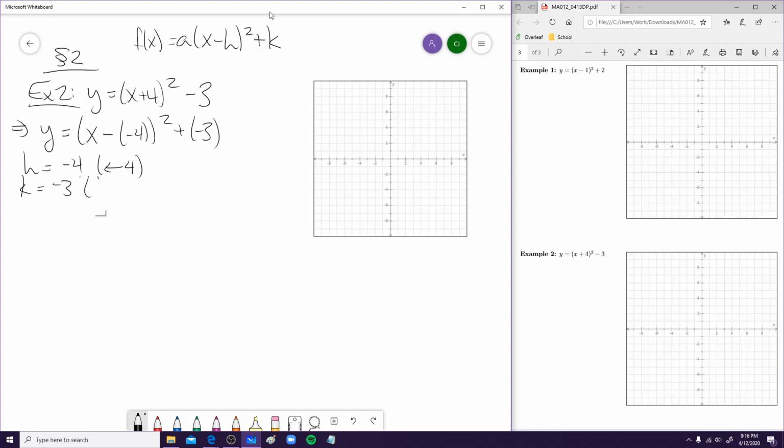Since it's -3, we're going to go down 3 units. Okay. And what is our vertex? Our vertex is HK. So our HK is -4, -3. So this is our vertex.